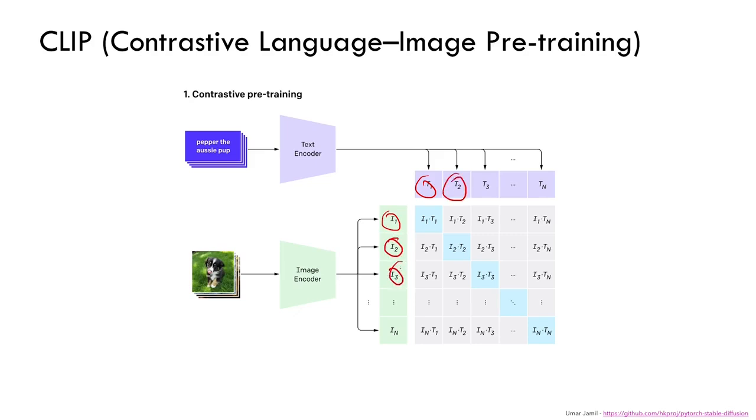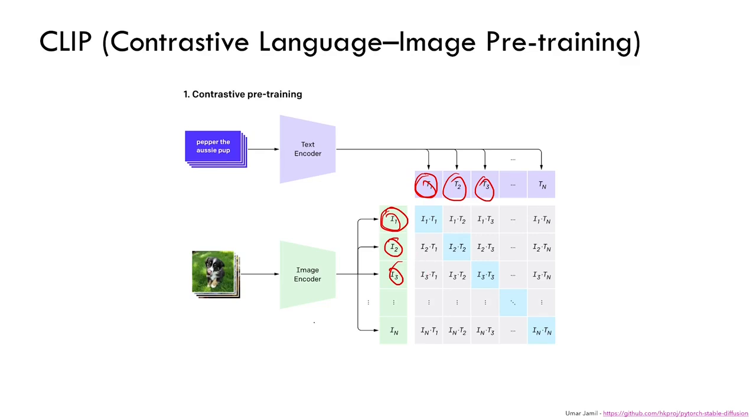The image 3 has the text number 3, which is the description of the image 3, etc. They built this matrix you can see here, which is made up of the dot products of the embedding of the first image multiplied with all the possible captions here. So the image 1 with the text 1, image 1 with the text 2, image 1 with the text 3, etc. Then image 2 with the text 1, image 2 with the text 2, etc.